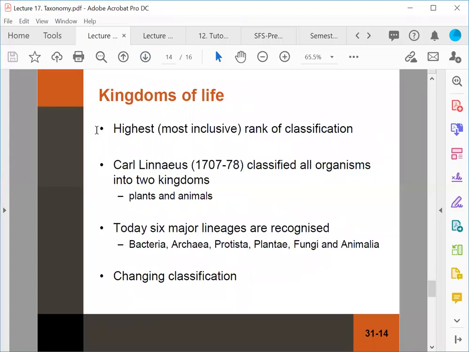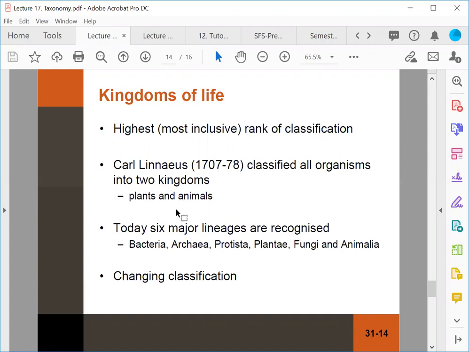All right, so let's take a look at kingdoms, the highest, most inclusive rank of classification. In the 1700s, Carl Linnaeus classified all organisms into only two kingdoms, vegetables and animals. Of course, we call them plants now, but at the time it was kingdom vegetables and kingdom animals. And they had actually a third kingdom at the time, but that was for minerals, not for living organisms.